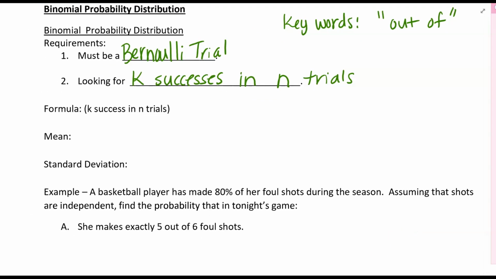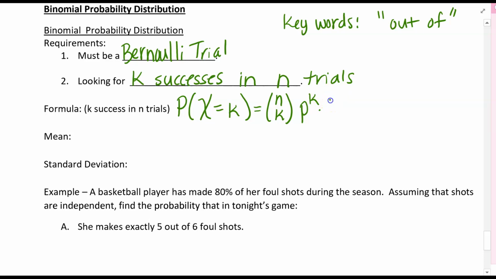And then my formula is super complicated. Well, it just looks complicated, but I don't think it's very complicated. This is the probability that capital X equals K is going to be N choose K times the probability of success raised to the number of successes, so P to the K, times the probability of failures.